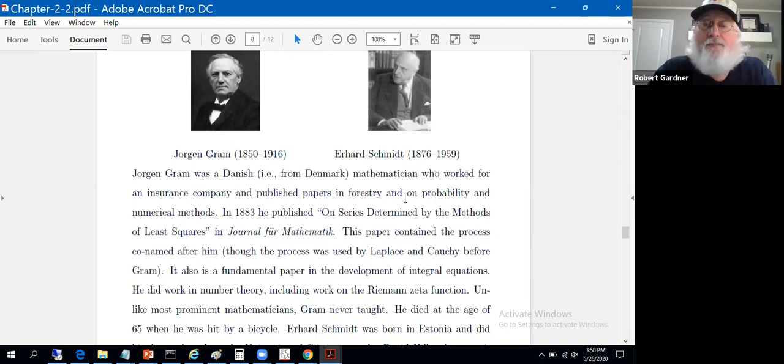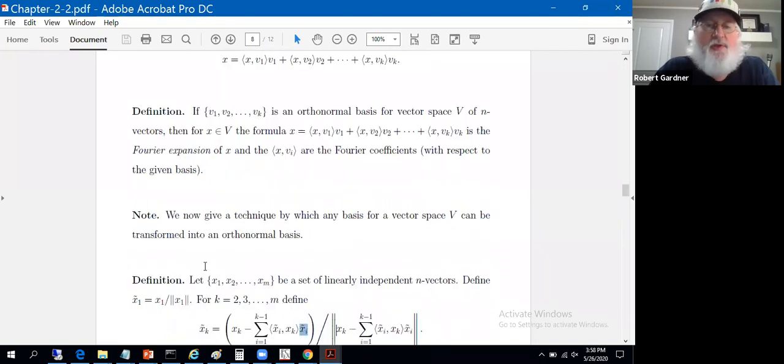Jorgen Gram, Danish mathematician, worked for an insurance company, published papers in forestry, probability, and numerical methods. He publishes a paper on series determined by the methods of least squares in Journal für Mathematik. And this paper contained the Gram-Schmidt process mentioned here.